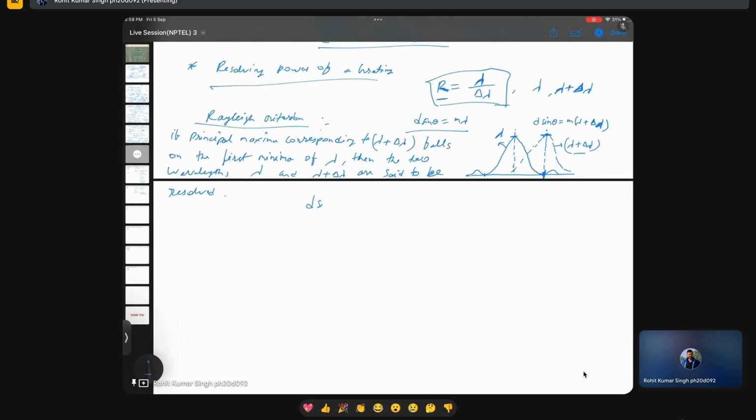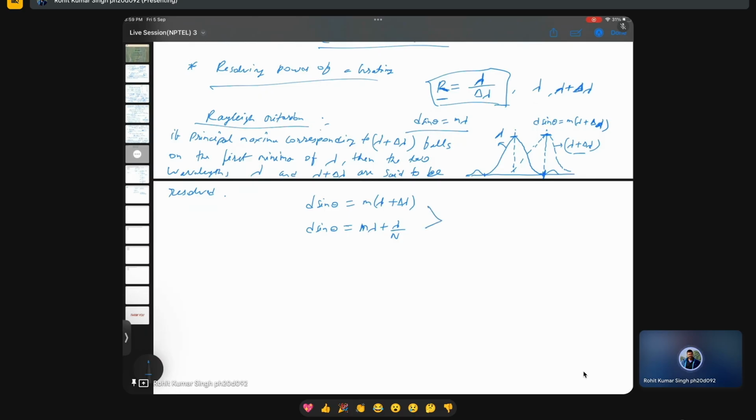So as I wrote, this is the condition. This is the principal maxima for lambda plus delta lambda, and this is the condition for the first minima of lambda, right?